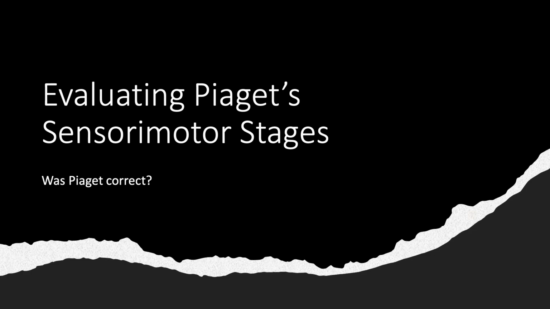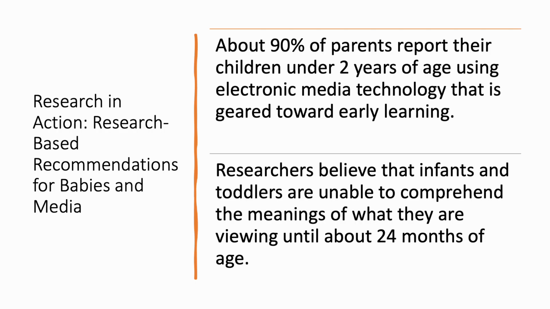Let's talk a little bit about evaluating Piaget's sensorimotor stages. Was Piaget correct? Did he get it all right? Let's think about it. It could be that part of what Piaget was seeing was an immature ability to express themselves in words.